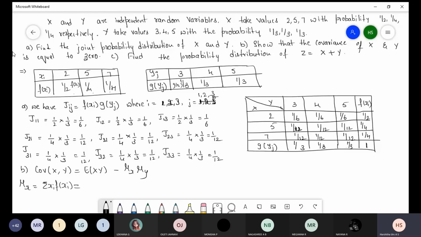So 2 into 1 by 2 is 1, plus 5 into 1 by 4 is 5 by 4, plus 7 into 1 by 4 is 7 by 4. So we get 12 by 4, that is 3, 3 plus 1, 4. Next, mu y, 1 plus 4 by 3 plus 5 by 3, 9 by 3, that is 3, 3 plus 1, again we get 4.